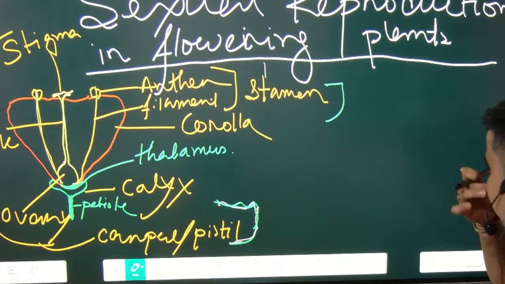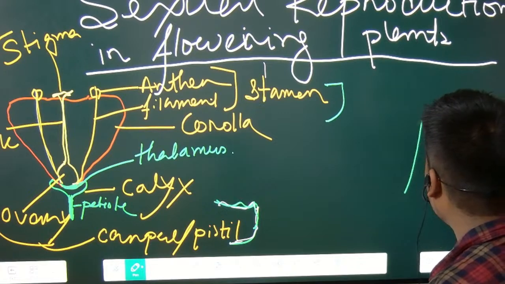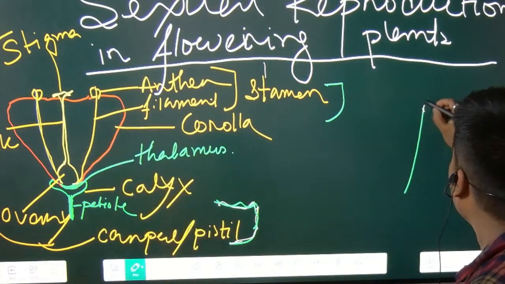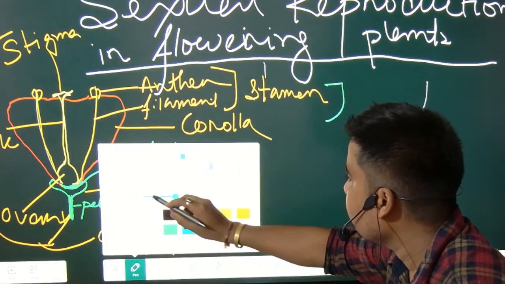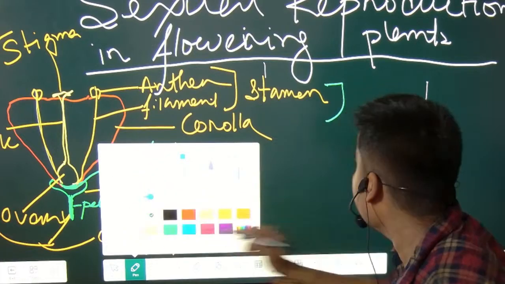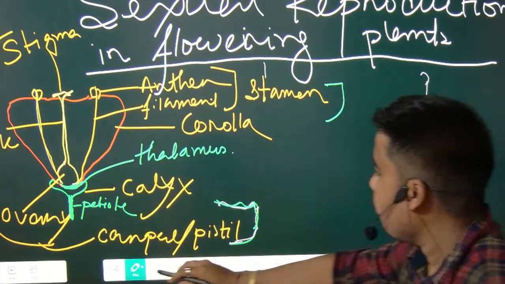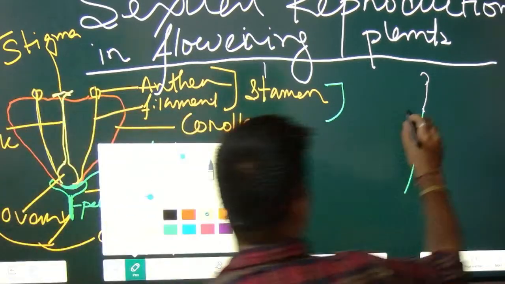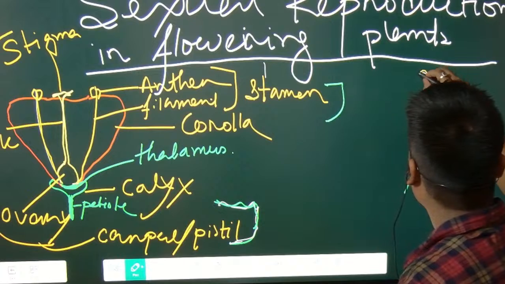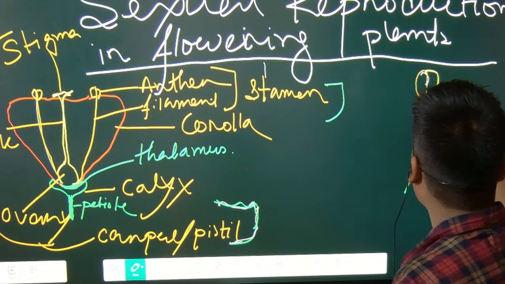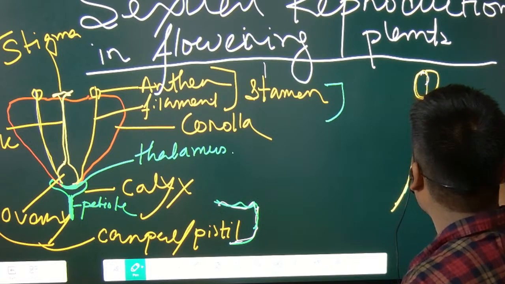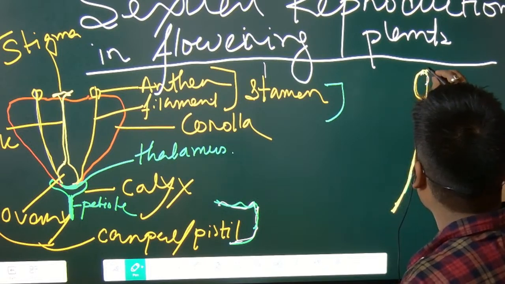So if we draw the structure of stamen, those stamens are basically what?